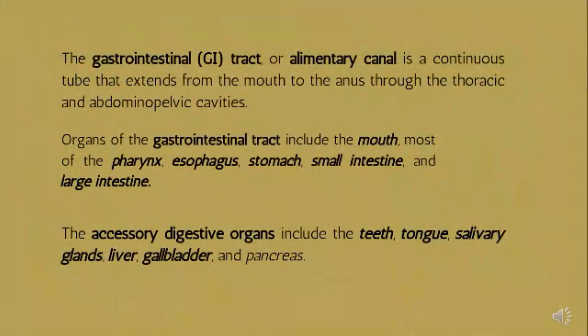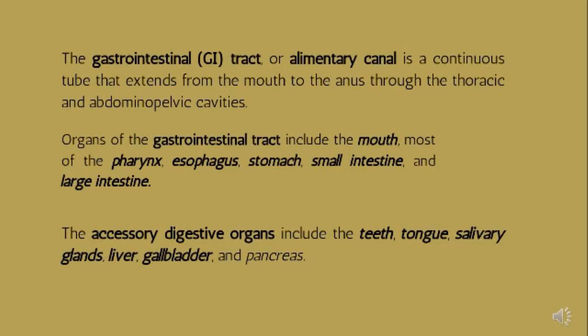The gastrointestinal tract, or alimentary canal, alimentary meaning nourishment, is a continuous tube that extends from the mouth to the anus through the thoracic and abdominopelvic cavities. Organs of the gastrointestinal tract include the mouth, most of the pharynx, esophagus, stomach, small intestine, and large intestine.